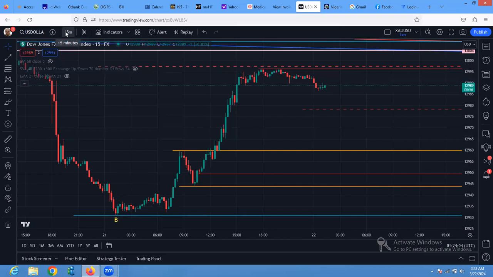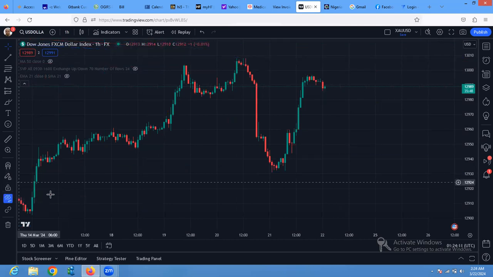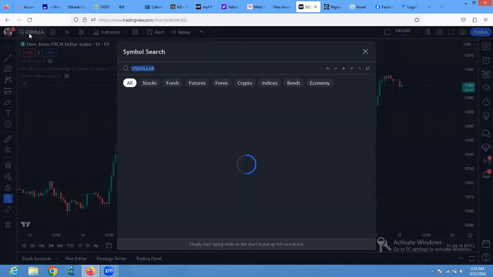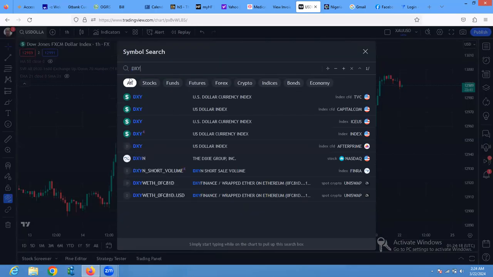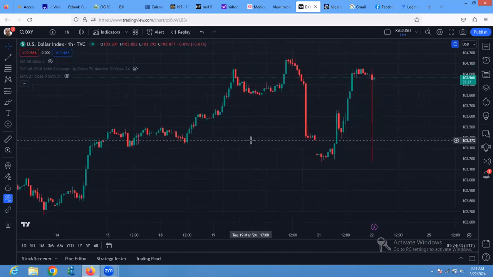Now, let's look at DXY also. It's the same thing that we're going to see. Maybe DXY is helping us to see a sign. Because DXY is really manipulated by the broker.